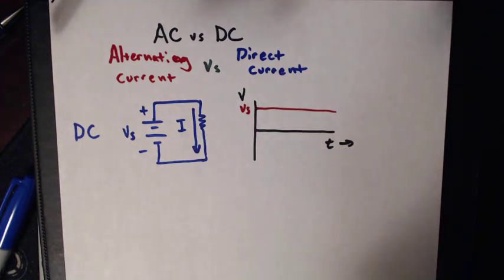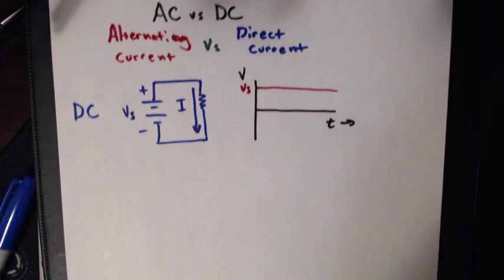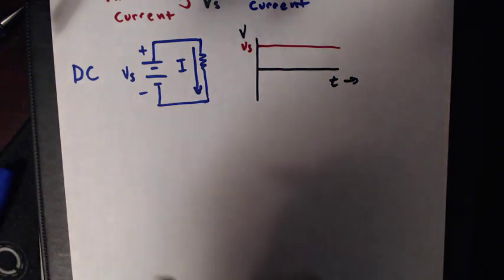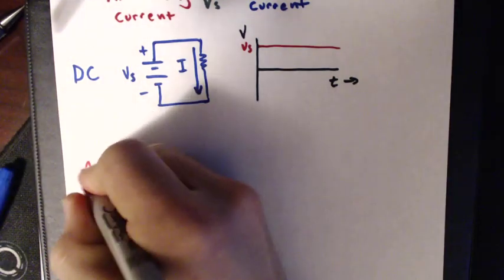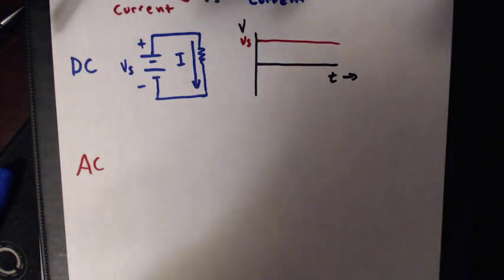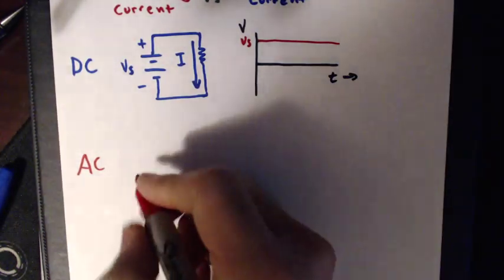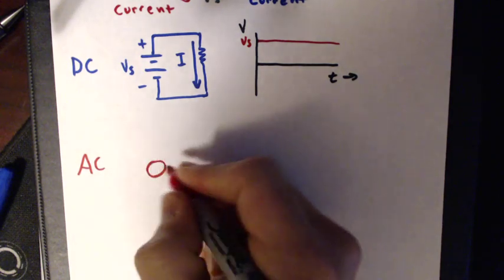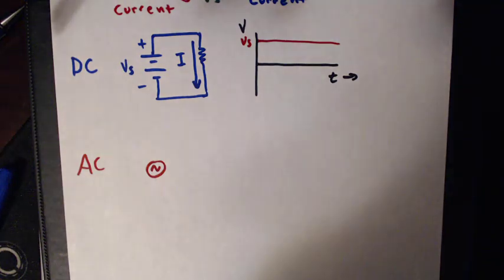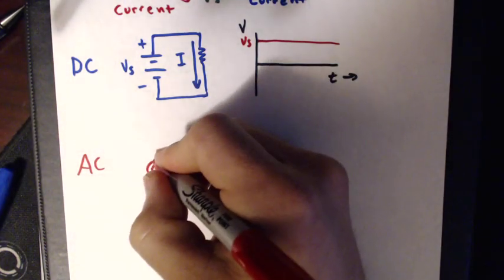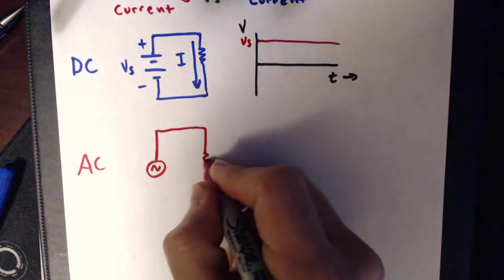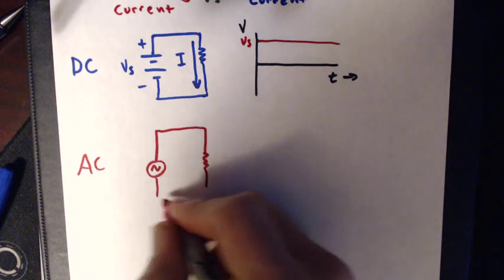Now alternating current, on the other hand, let's introduce a new voltage symbol over here. We're going to use an AC voltage source. That'll be comprised of a circle with a little sine wave squiggly mark on the inside. And we'll construct the same exact circuit, just apply that to a resistor.